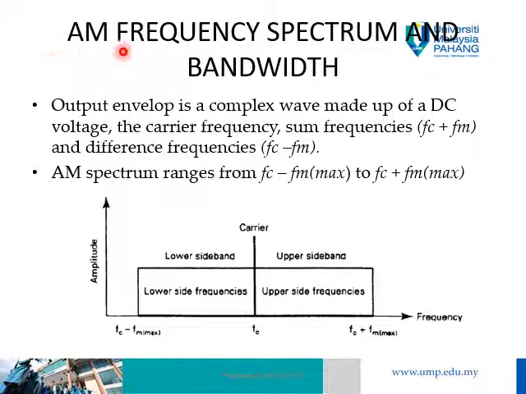AM frequency spectrum and bandwidth. When we have the envelope of an amplitude modulated signal, we can discuss that signal in terms of a frequency spectrum, meaning the frequency domain, and bandwidth.